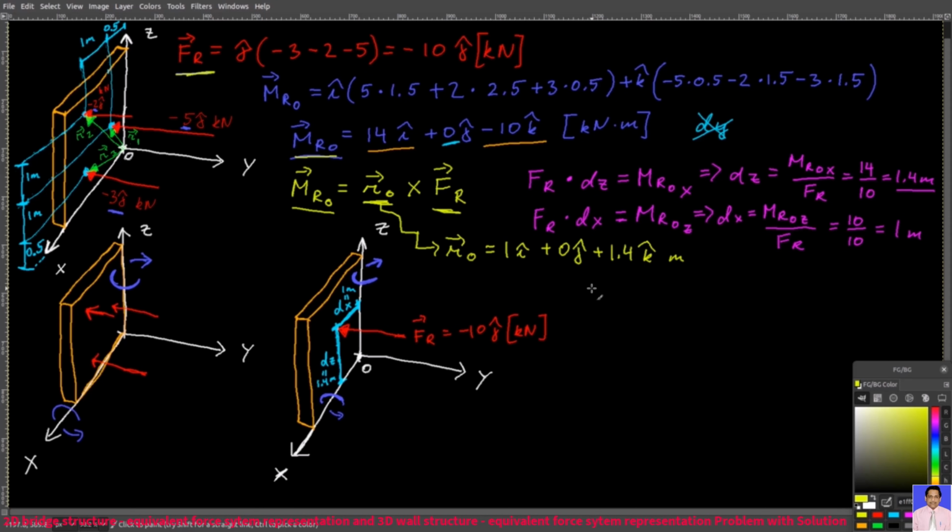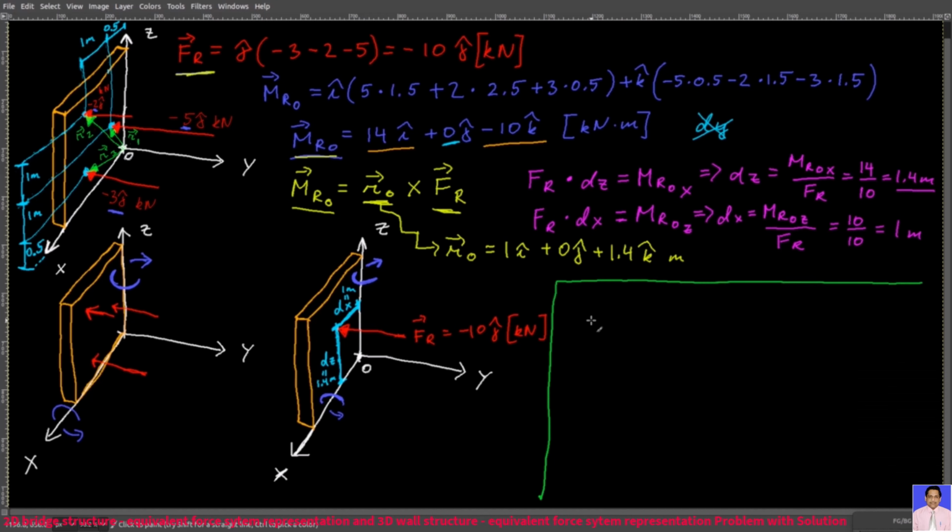That's usually the case when your forces only have one dimension, like in this case, and the objects that the forces are applied to, like our wall, are completely perpendicular to those forces, which is the case here as well. But we can check if our R0 is correct.